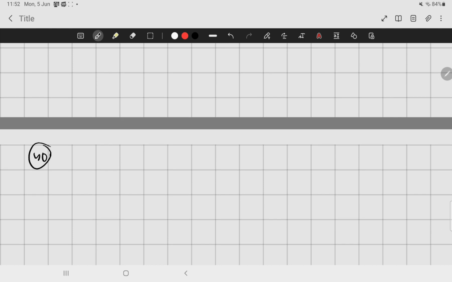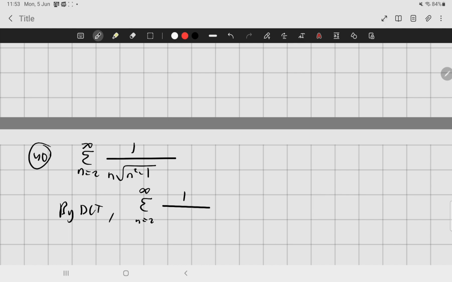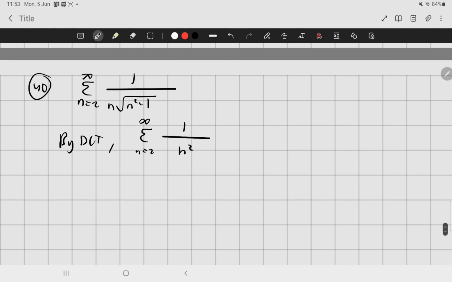Question 40. Again, another series where we can use the direct comparison test if we can. Sum from n equals 2 to infinity of 1 over n square root of n squared minus 1. By DCT, I know there's a suitable series, which is 1 over n squared, because of the square root of n squared.